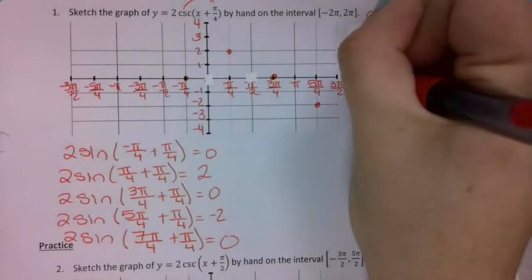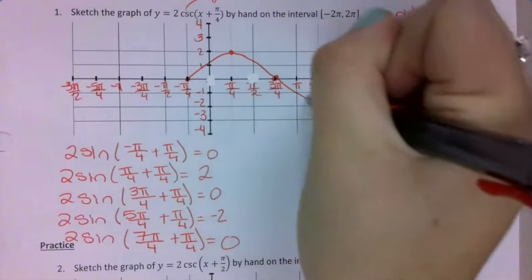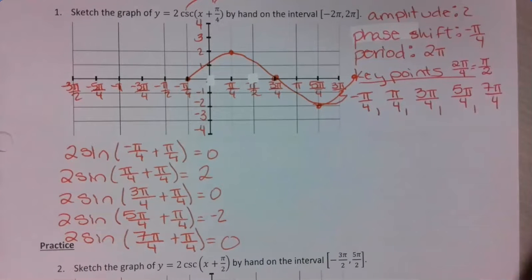This one is a little off my graph. So then I want to go ahead and connect these points. And I know I wrote negative 2 pi to 2 pi, but I'm just going to graph what I can see.